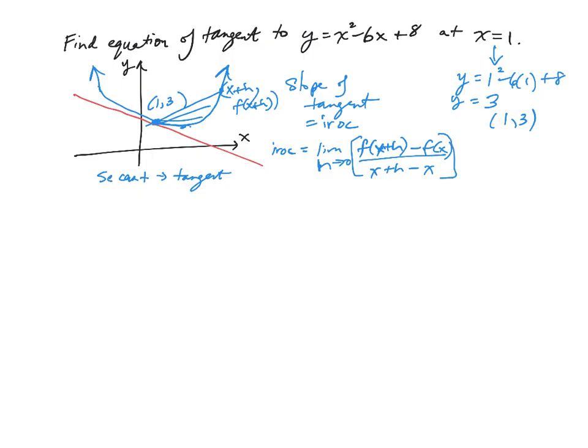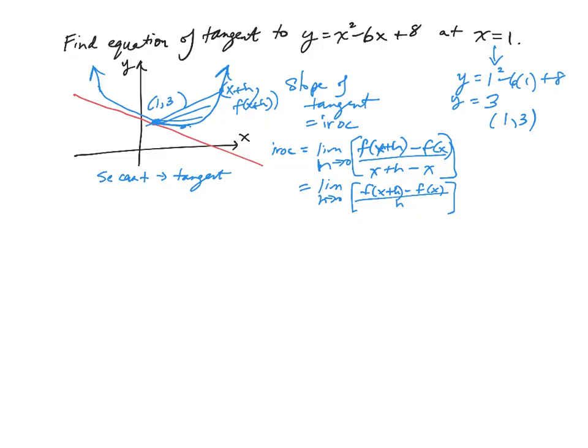The instantaneous rate of change of a function is the limit as h approaches 0 of f(x plus h) minus f(x), all over x plus h minus x. Now most people don't write it like that because they see that the bottom can be simplified, so they just write it like this. But I just want to remind you that it comes from grade 9, just finding the slope using rise over run, and then using grade 11 function notation.